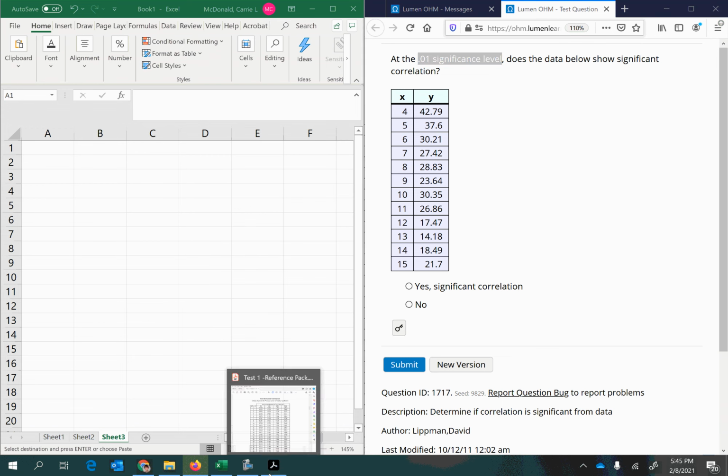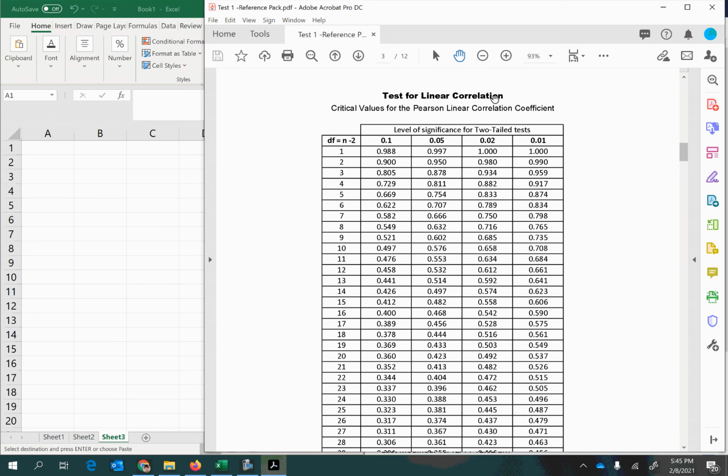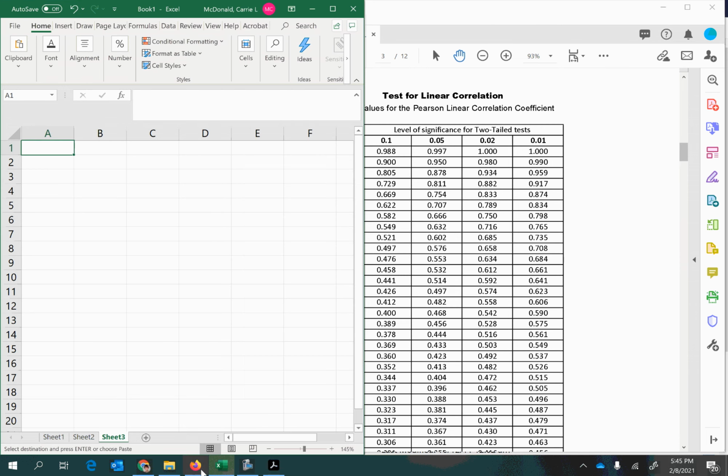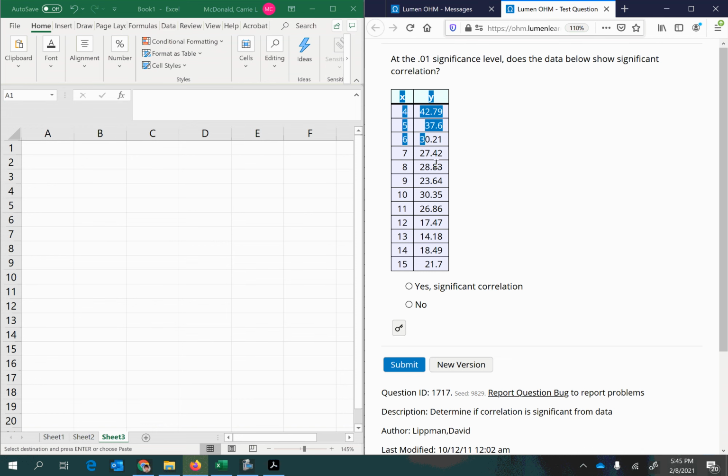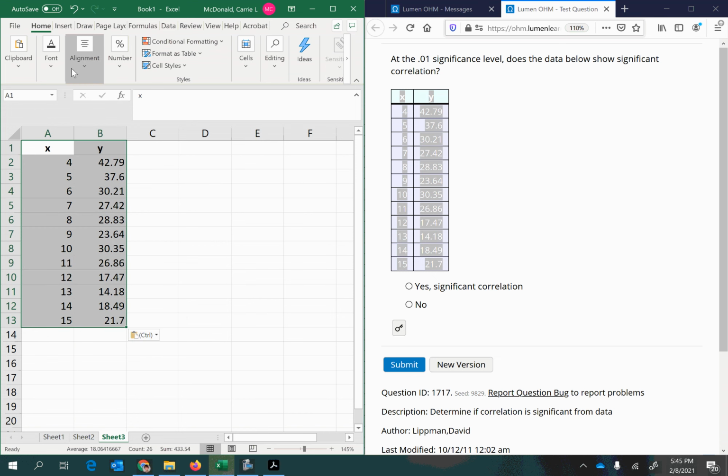We'll be using the test for linear correlation table. And so the first thing we'll do is calculate the linear correlation coefficient r using the given data here. And then we'll look up a value in the table called the critical value, which we will use to make a comparison.